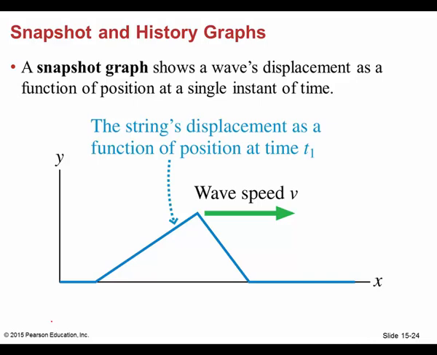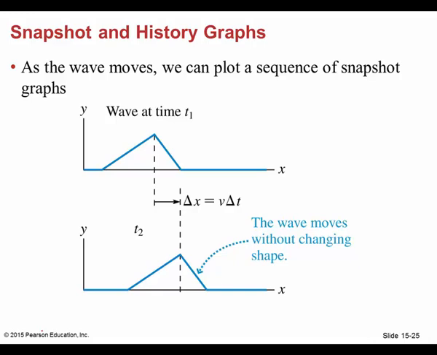Now when we start looking at what we call snapshot graphs of a wave, basically what we want to do is analyze the displacement of the pulse on a string through a given time interval, and basically you can take it as it moves. We plot the sequence. So we're here at time 1, and then later at time 2, the pulse is at this position.